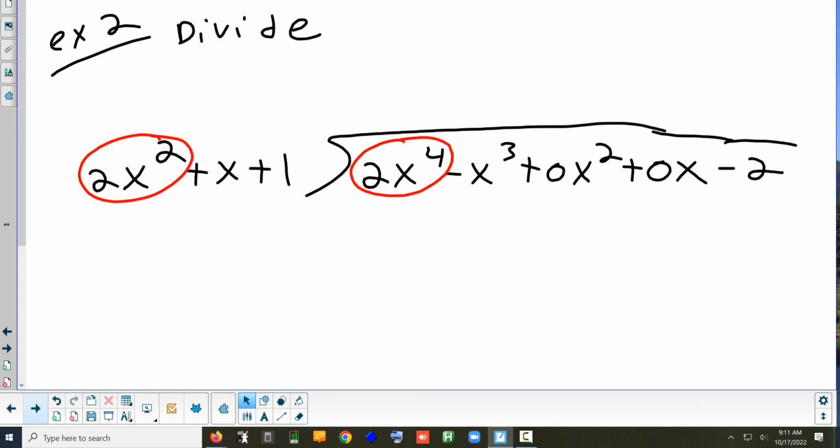So either in your head or off to the side, you're doing this. What's 2x to the 4th divided by 2x squared? Yep. X squared. Doesn't matter where you put that. You do not have to line that up with anything. Just put it above somewhere. So x squared.